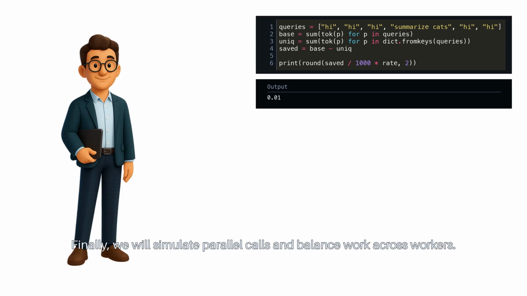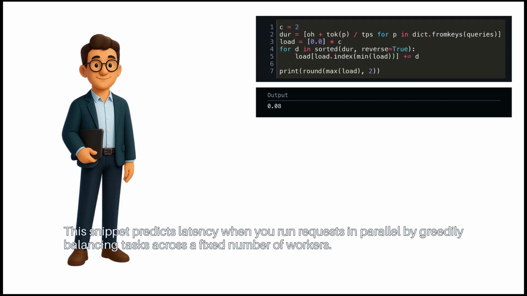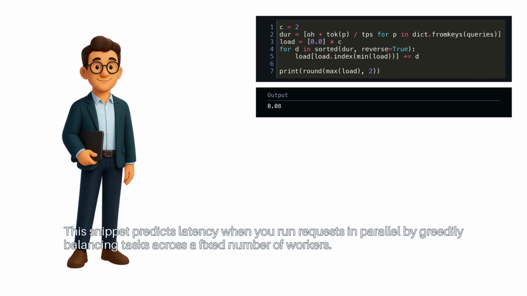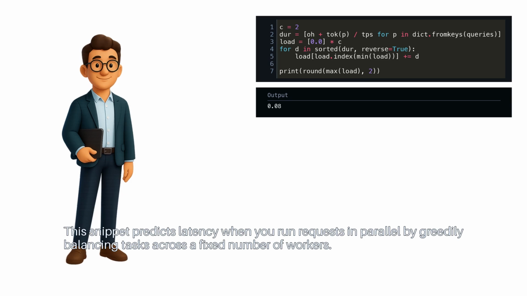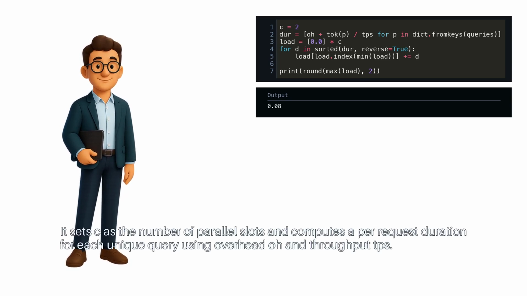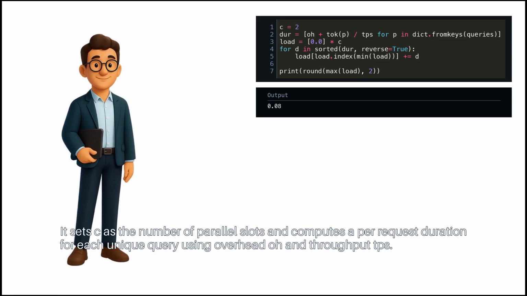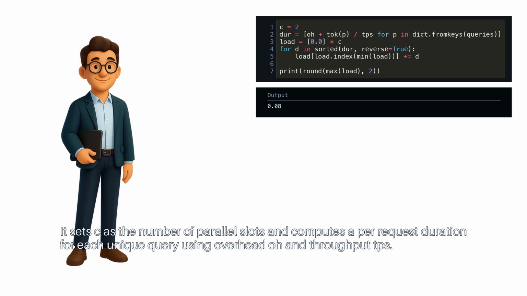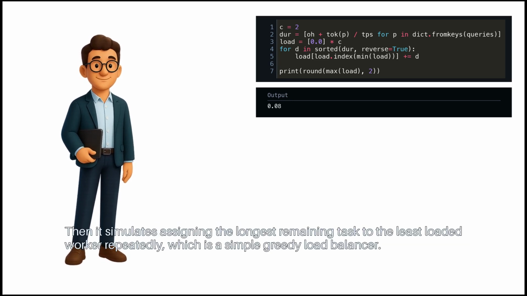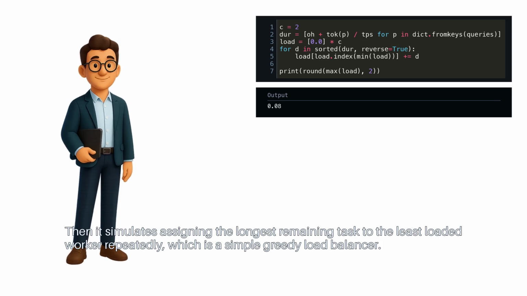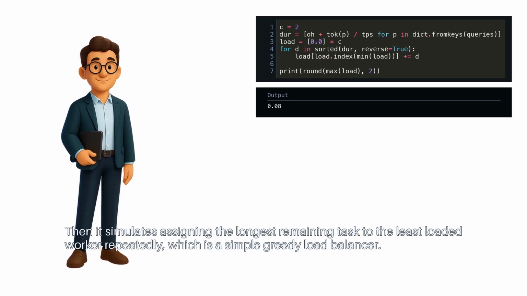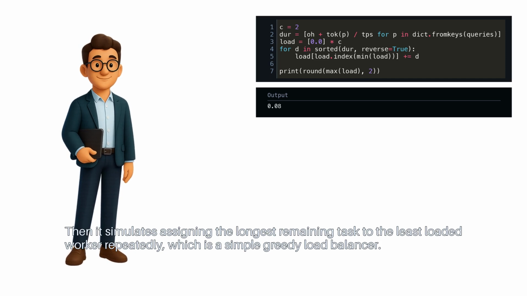Finally, we will simulate parallel calls and balance work across workers. This snippet predicts latency when you run requests in parallel by greedily balancing tasks across a fixed number of workers. It sets C as the number of parallel slots and computes a per-request duration for each unique query, using overhead O and throughput TPS. Then it simulates assigning the longest remaining task to the least loaded worker repeatedly, which is a simple, greedy load balancer.